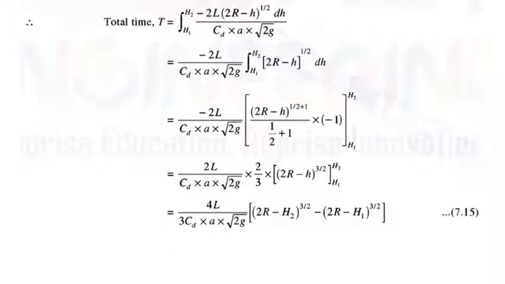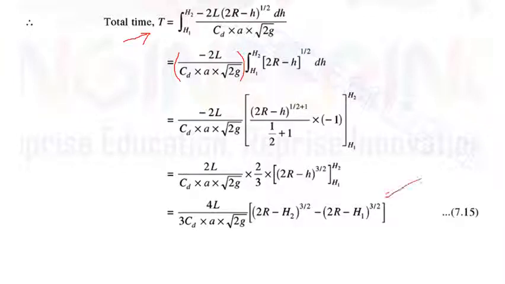To obtain the total time, we integrate. Integrating the left hand side, dt becomes t, and the right hand side has to be integrated from h1 to h2. Here all the constant terms are taken outside. Only 2R minus h remains inside. So it becomes (2R minus h) raised to 1 by 2 plus 1, divided by 1 by 2 plus 1, into minus 1 for the negative sign of h, from limits h1 to h2.